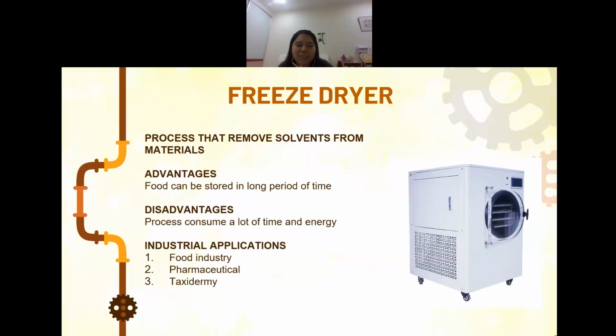The curve is called the drying rate curve, and it represents different changes occurring during drying, where AB is the constant rate period, BC is the first falling rate period, and CD is the second falling rate period. The free moisture content at the end of the constant rate period is known as the critical moisture content. That's the answer for the question. And we move to the next part.